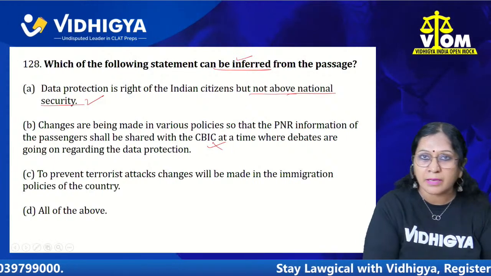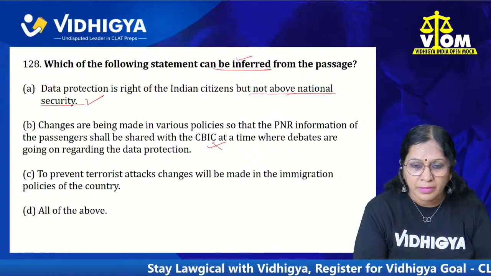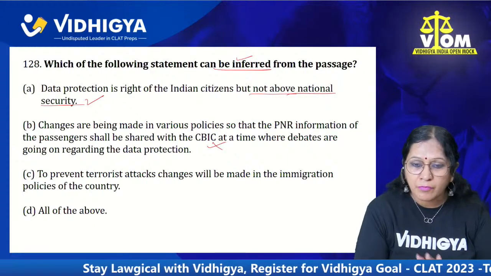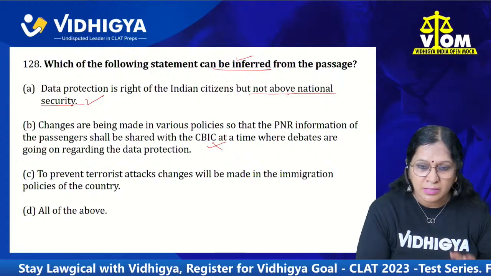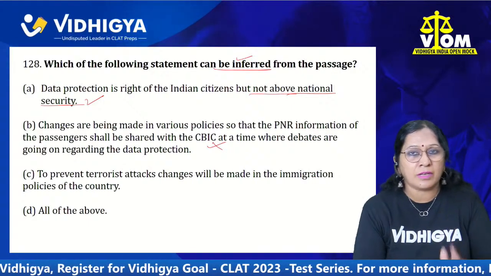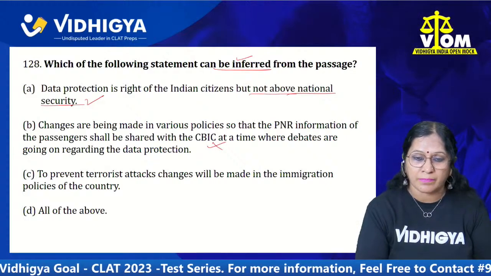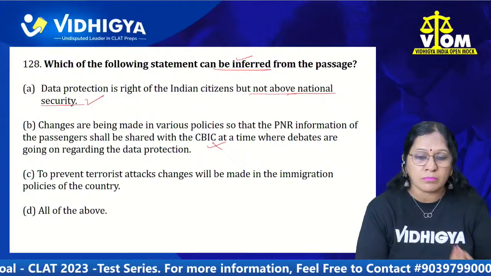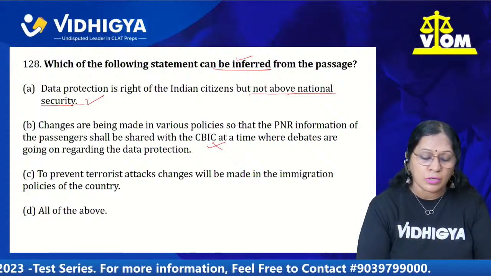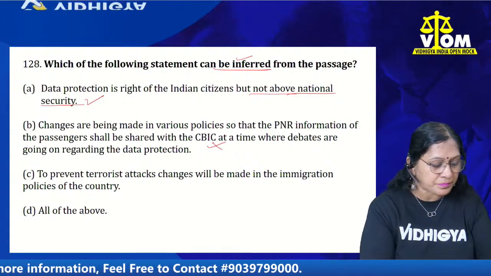We need something that can be understood from what is given in the paragraph. I'll repeat. Inference is to understand something based on the given facts. So it is logically derived, logically deduced, or drawn out from what is given in the paragraph. So this sentence, because it is given directly, will not be the answer.